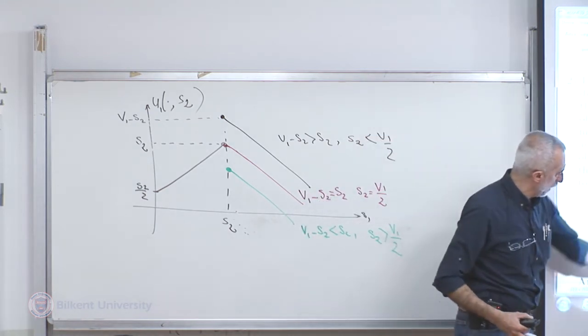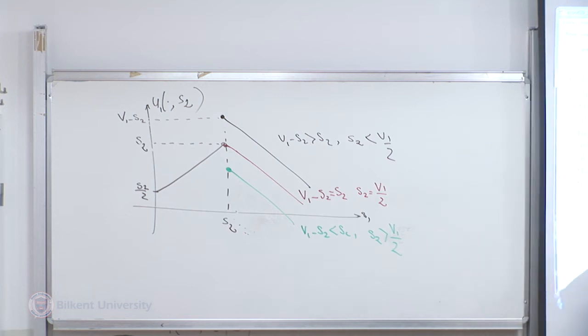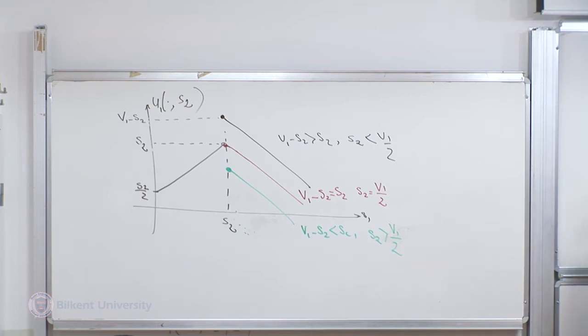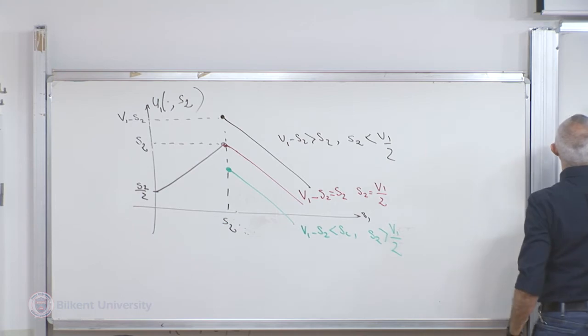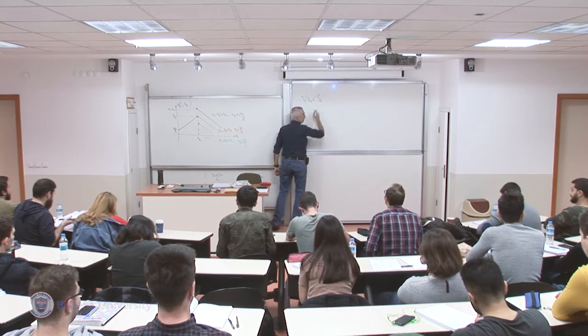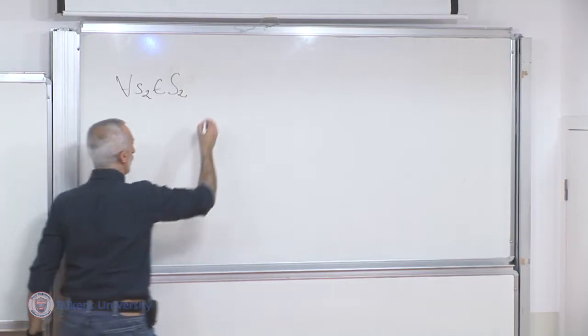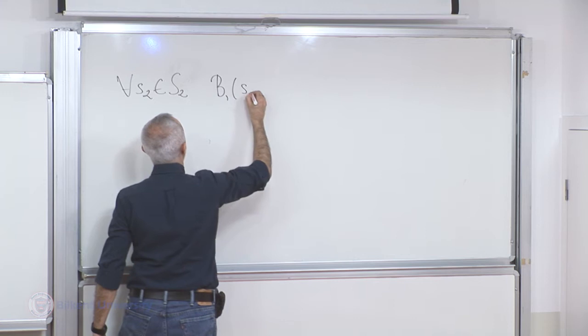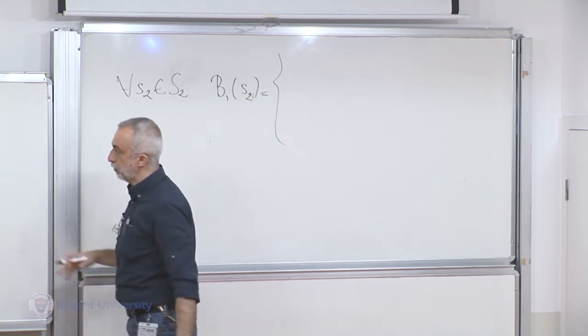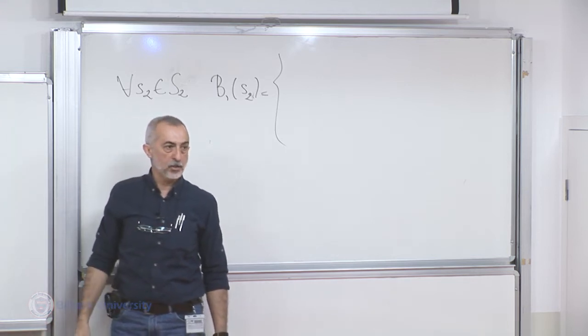So next thing, we're going to find the Nash solution and then ask if the Nash solution is Pareto efficient or not. So let me use this side of the whiteboard. For any S2 in capital S2, which is the set of non-negative numbers, B1 of S2 is equal to, again from the picture, we see that we have several cases.